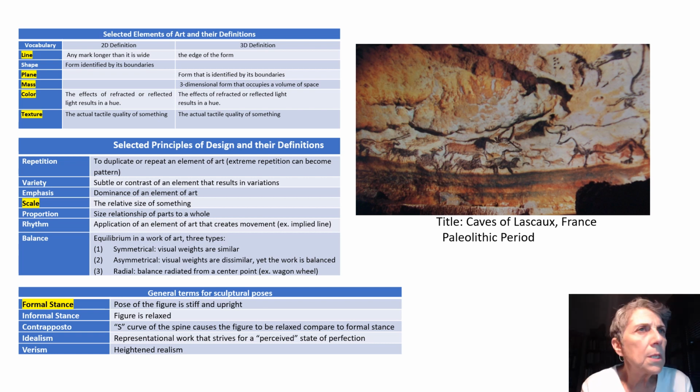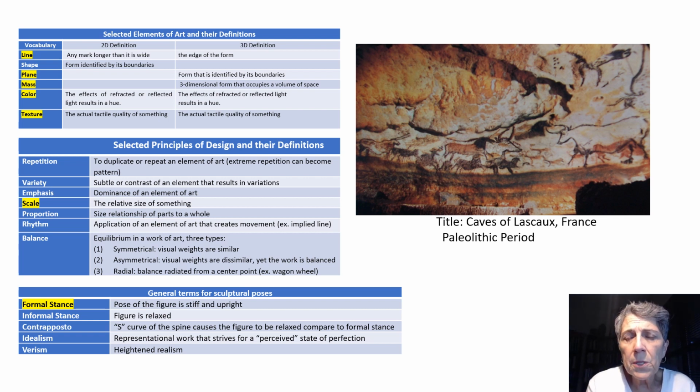Color is used in certainly both sections, both 2D and 3D. And color, very simply, there's two types of color, reflected and refracted. And refracted is rainbow. Reflected is when an object absorbs all the other colors and reflects a hue. So that's reflected color.